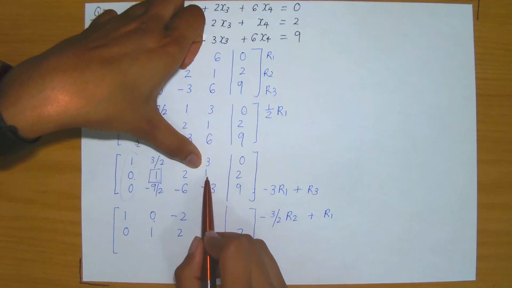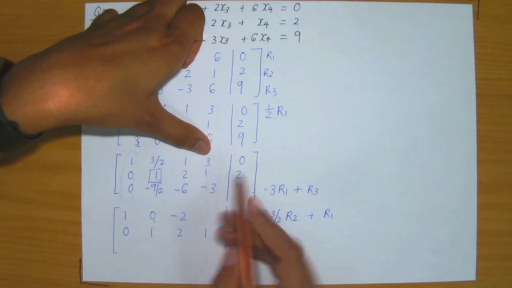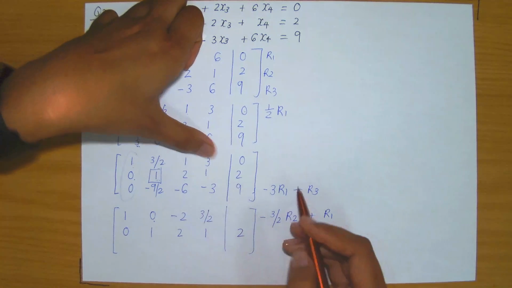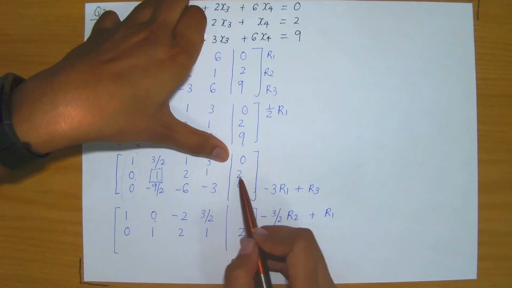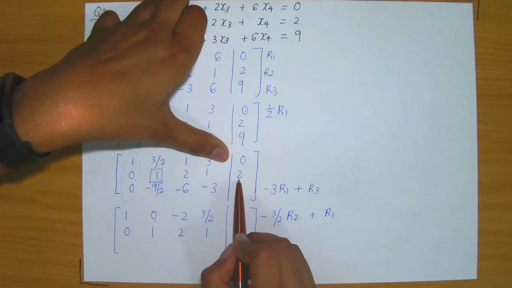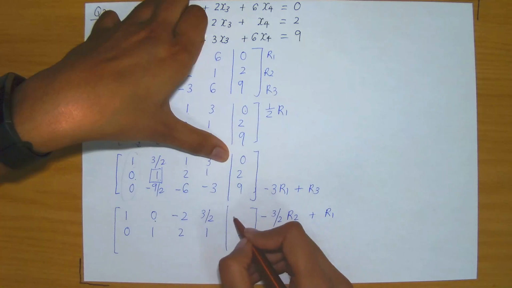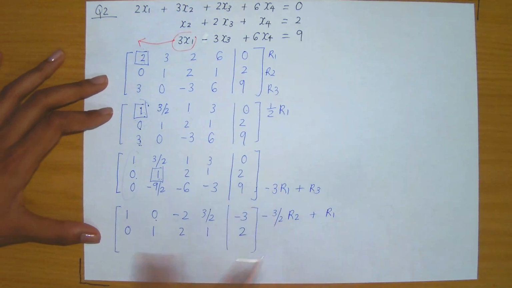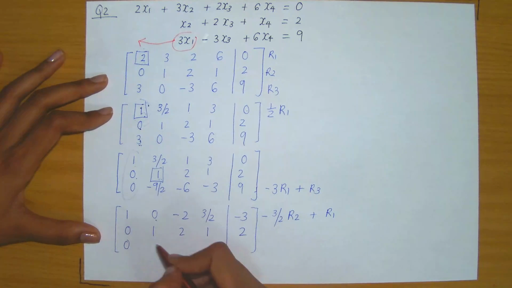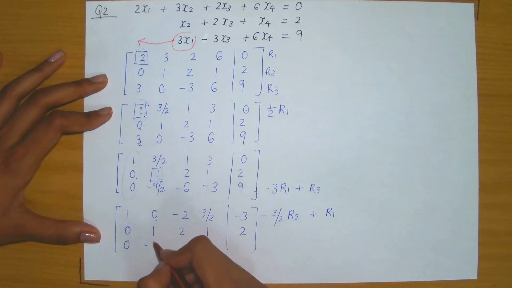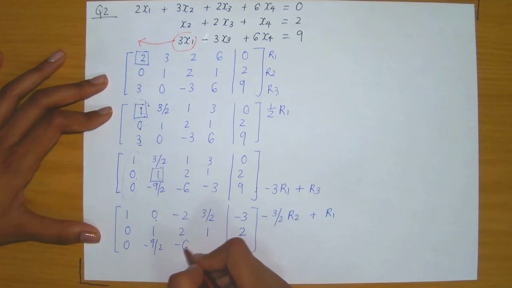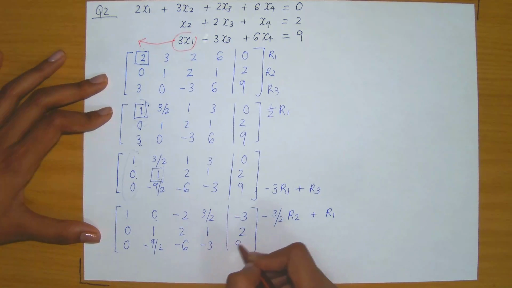Minus 3 over 2 times 1 is minus 3 over 2 plus 3 gives me 3 over 2. Moving on here, negative 3 over 2 multiplied to 2 gives me negative 3 plus 0, which is negative 3. And let's leave the last row unchanged. We will affect it in the next matrix that we write down. So I'm just copying down row 3 as you see it.